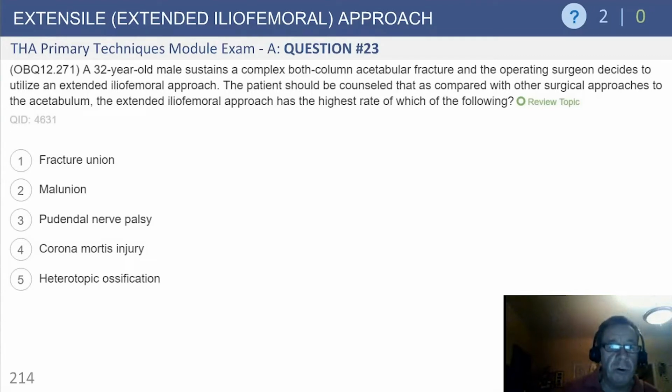A 32-year-old male sustains a complex both column acetabular fracture, and the surgeon decides to use an extended iliofemoral approach. The patient should be counseled that as compared with other surgical approaches, the extended iliofemoral approach has the highest rate of the following: fracture union, malunion, nerve palsy, corona mortis injury, or heterotopic ossification.